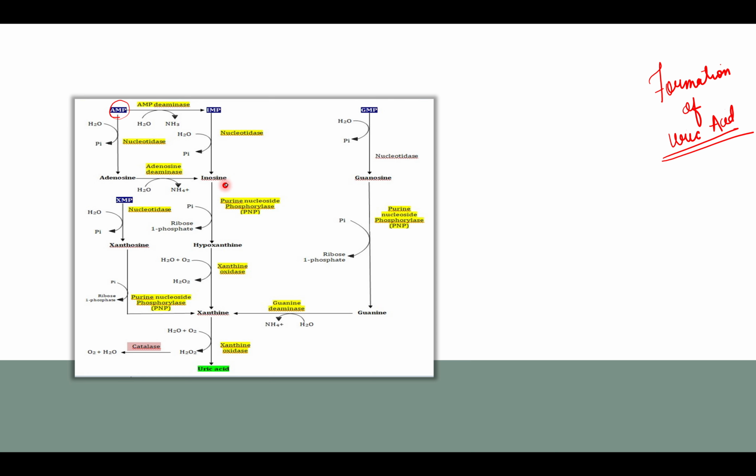This inosine is further acted on by purine nucleoside phosphorylase, that is PNP, leading to formation of hypoxanthine. This hypoxanthine is converted to xanthine. Xanthine gets converted to uric acid in the presence of xanthine oxidase. Now, xanthine monophosphate with the help of nucleotidase forms xanthosine, and this xanthosine gets converted to xanthine again via purine nucleoside phosphorylase.